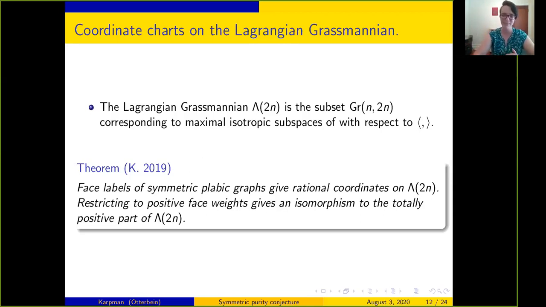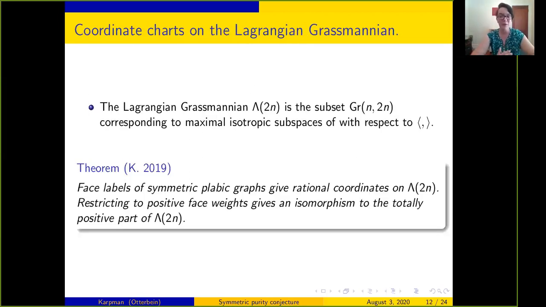So a little bit of an update: using both those earlier results and also work of Muller and Speyer, we can do the face label construction, and it plays nicely, as we saw in the example, with imposing symmetry and looking for orthogonal rows. Okay.